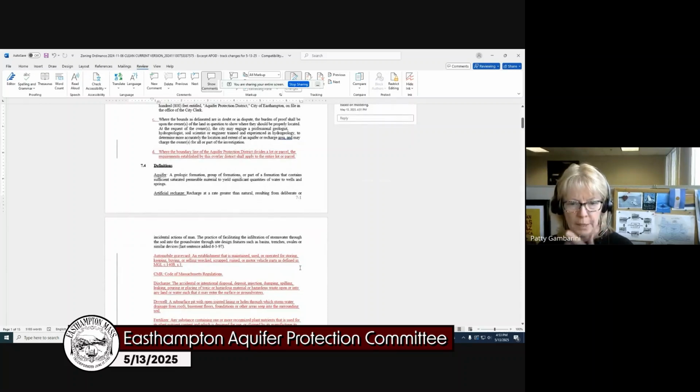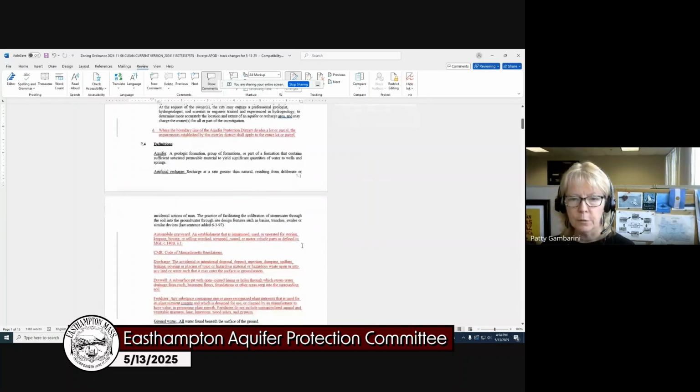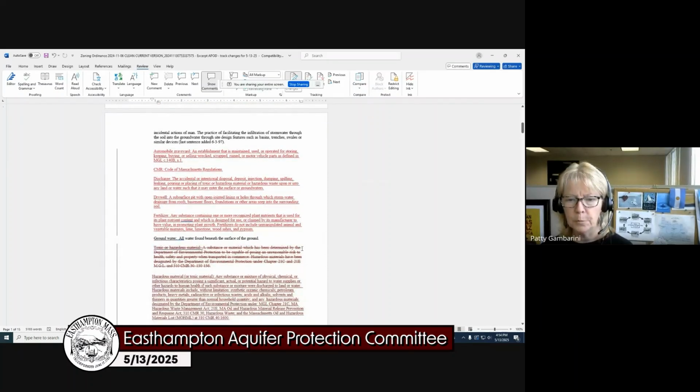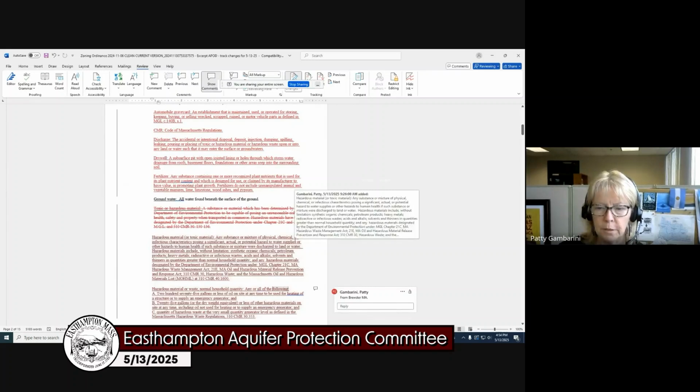And then there are many definitions that were out of the model. I had at one point looked at the Cape and pulled in some language. I think I flagged where that's from, some of it, Brewster, Mass. That's on the Cape, isn't it? Yes.